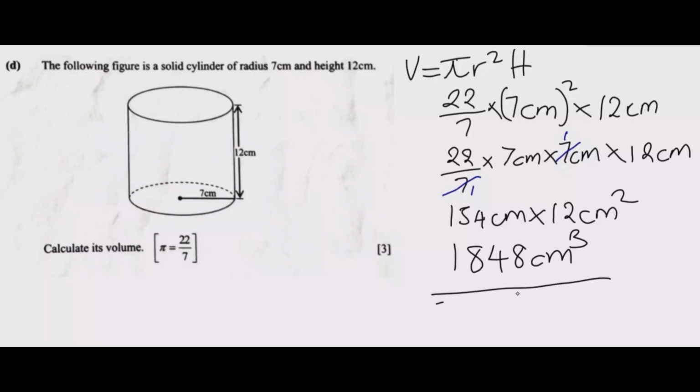This is the volume of the cylinder. 1,848 centimeter cubic is the volume of the solid cylinder.